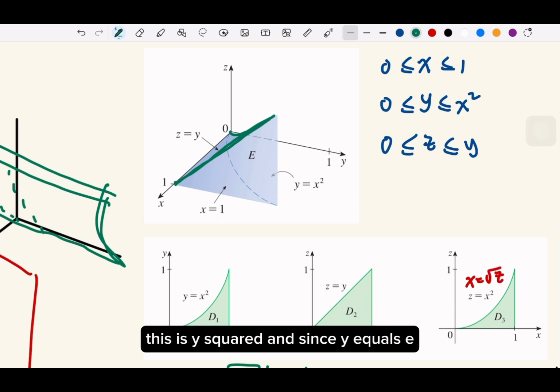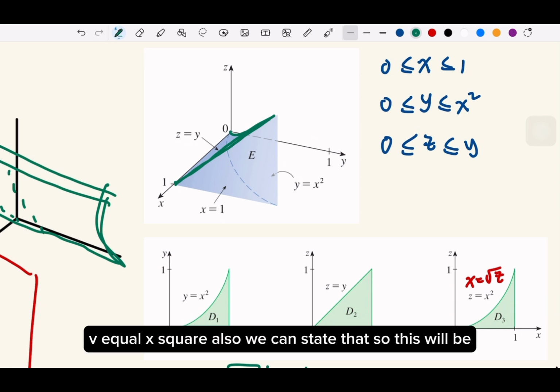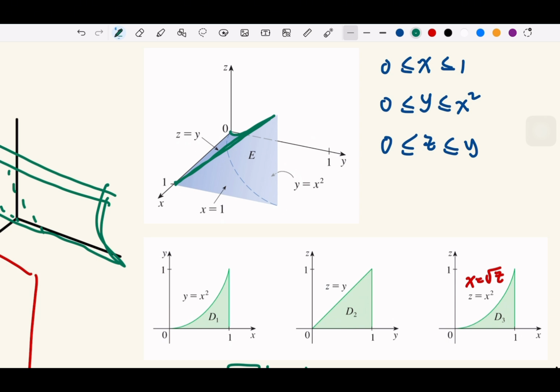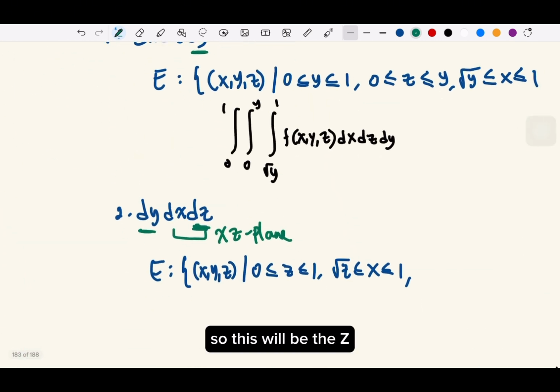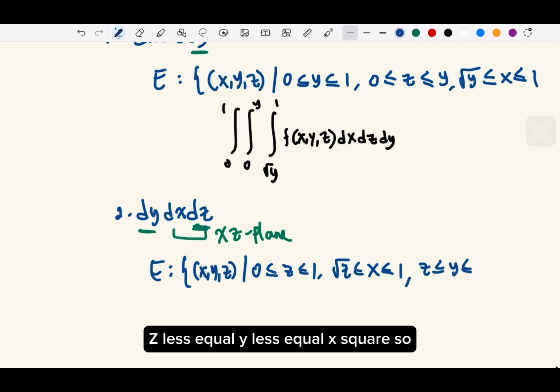Since y equals z, we can also say z equals x squared. So this will be the x squared, so z less than or equal to y less than or equal to x squared.